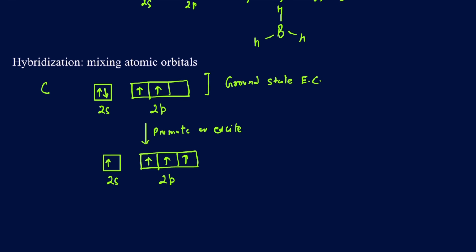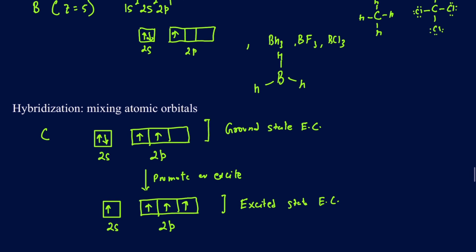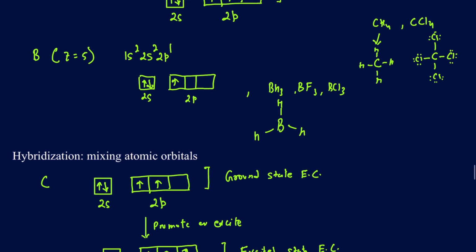Based on this excited state electronic configuration after promoting the electron, you can say that this carbon is going to be able to make four bonds, and that's exactly what happens. You can use the same analogy to explain the formation of three bonds in the case of boron, where one of the electrons from the 2s gets promoted onto the 2p, and as a result, you would have three half-filled atomic orbitals, and that's how boron makes three bonds.